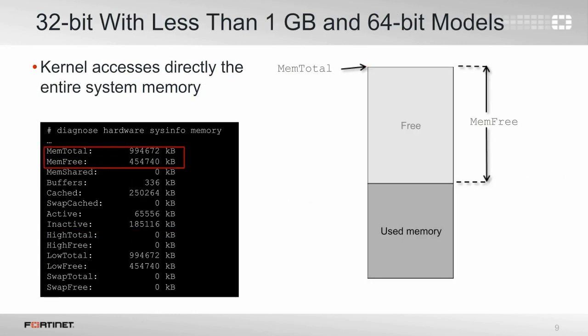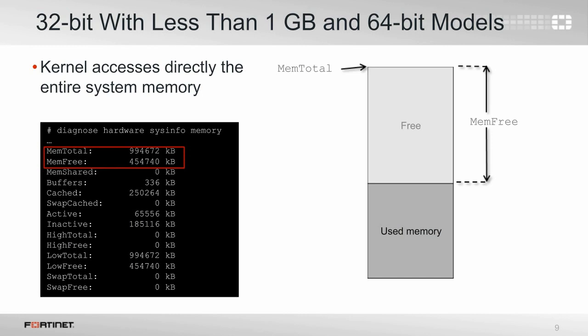For models running 32-bit FortiOS with less than 1 GB, and for models running 64-bit FortiOS, the kernel doesn't need to use memory paging to access the whole memory space. In those cases, the command diagnose hardware sysinfo memory shows a size of 0 kilobytes for the total high memory and free high memory.